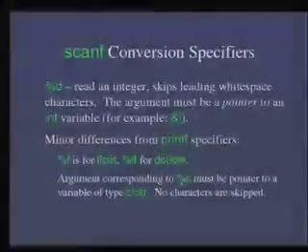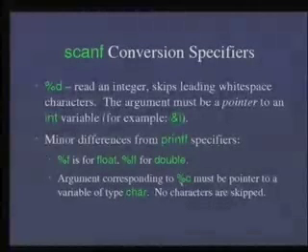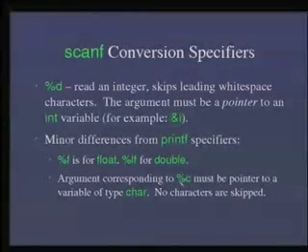Note that no characters are skipped in this case, as opposed to when reading an integer. When reading an integer, the initial white space characters are skipped. But when you're reading a character, no characters are skipped because even white space characters are characters. So if the first character typed was a blank space, for example, the variable will be assigned the ASCII code of the blank character.